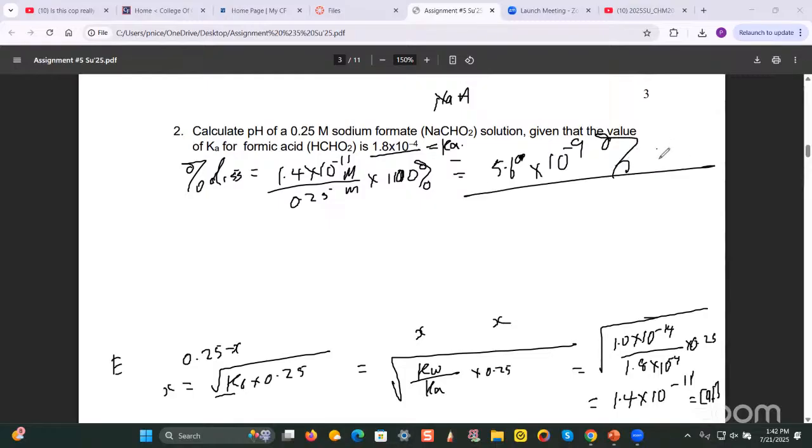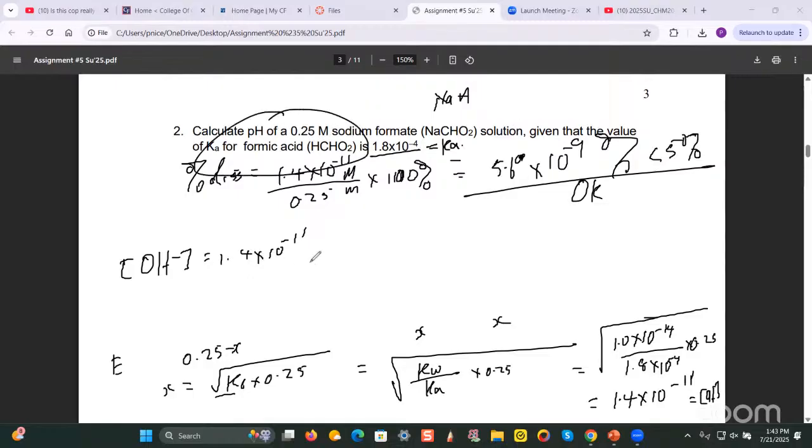So obviously less than 5%, and therefore the assumption is okay. So now we know that the concentration of OH minus, as I said before, is 1.4 times 10 to the minus 11. And remember, the aim of the question is to find the pH.